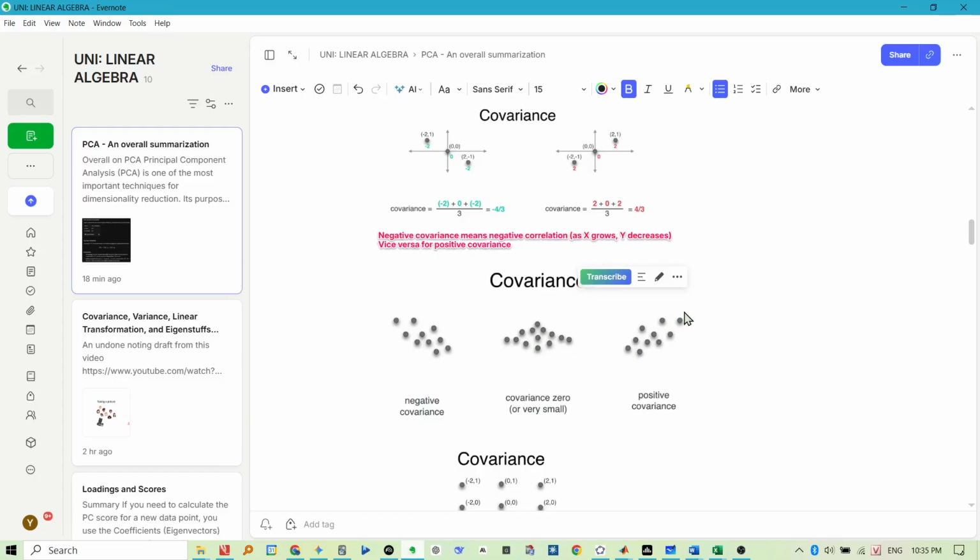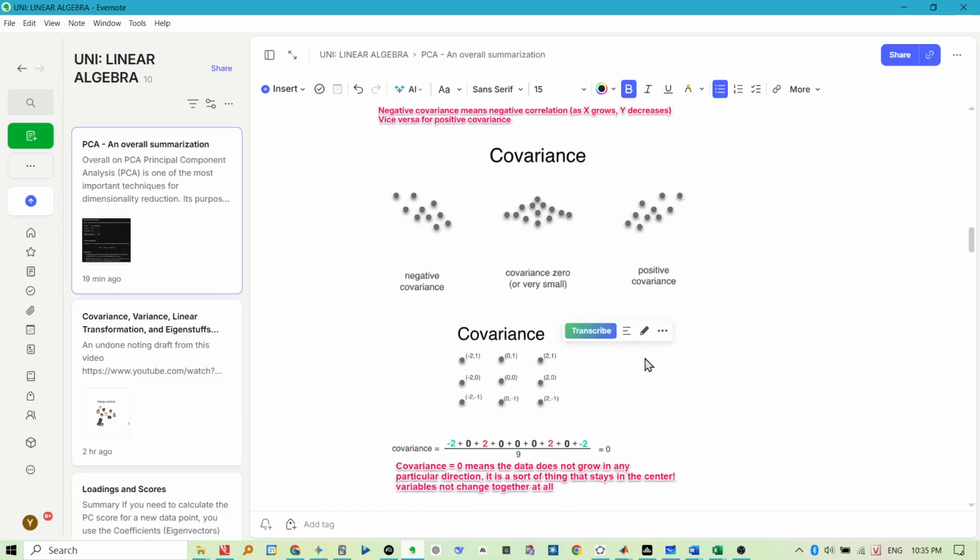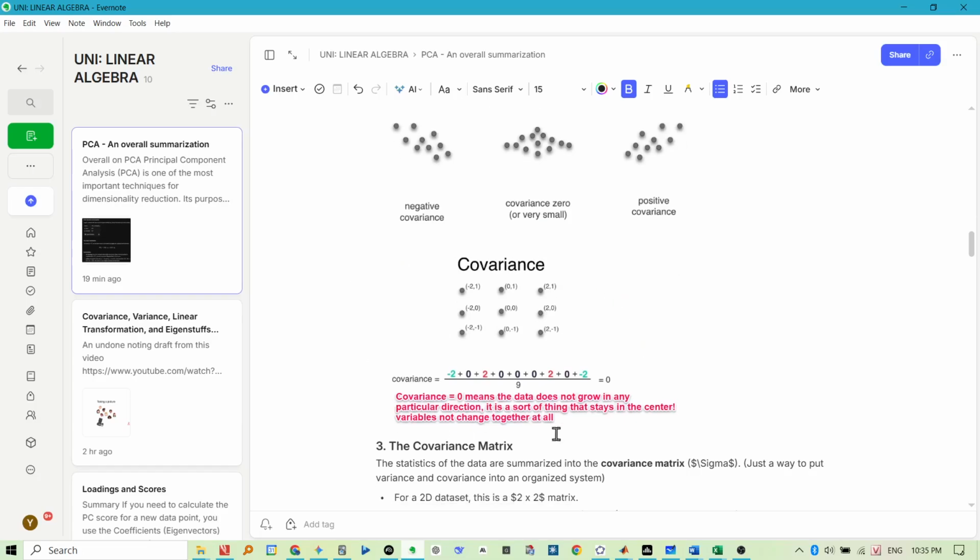For positive covariance, as the x direction goes to the right, the y direction will go up. So that is what it means to say that the covariance of a piece of data is 0. You can see that the data stays in the center instead of having any specific trend.